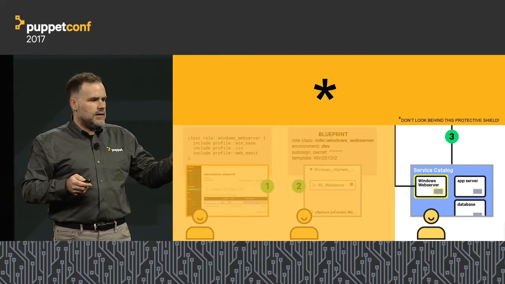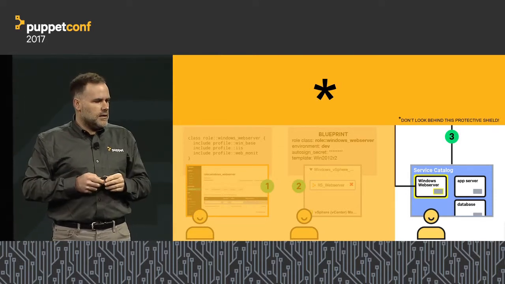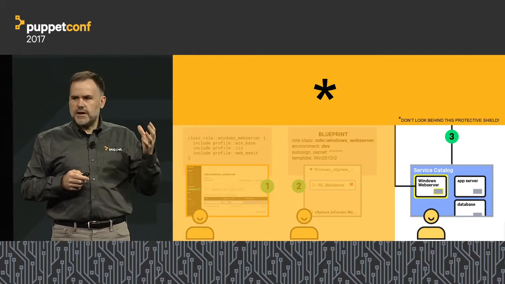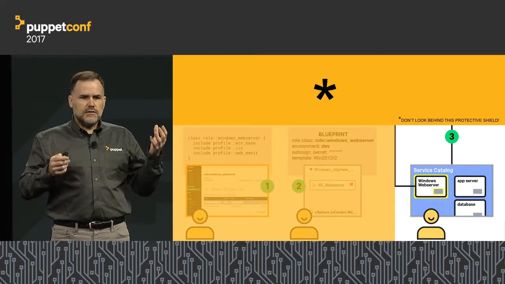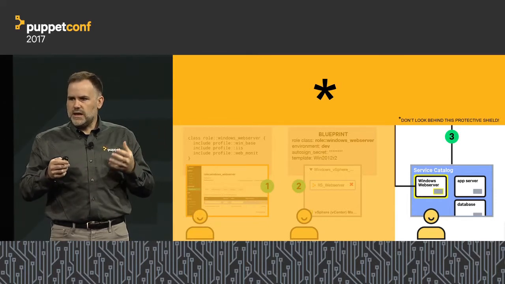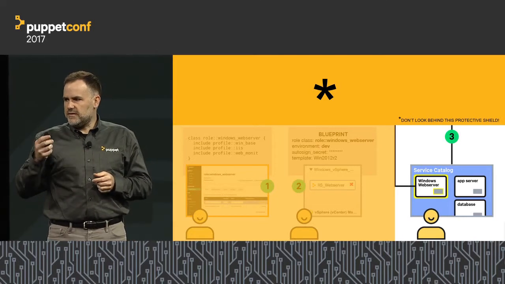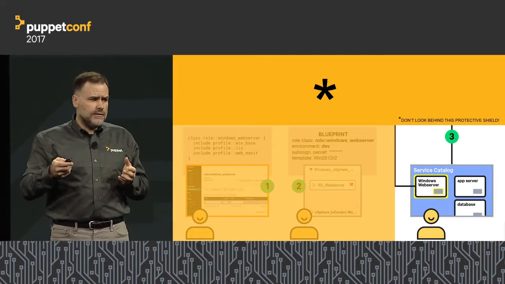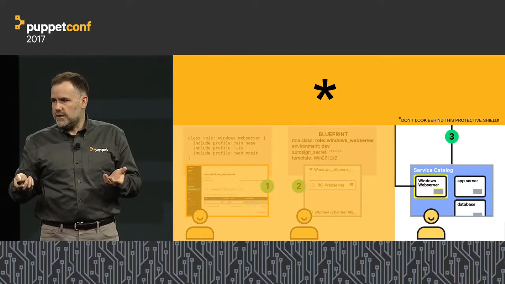At the end of the day, there's an architect out there we'll use as in this example who is just trying to satisfy this desire in his organization or her organization for self-service. They had developers or internal infrastructure people clamoring for the ability to push a button and get a thing, and get it the same every time, and ideally for that thing to always stay in that compliant, secure working configuration.